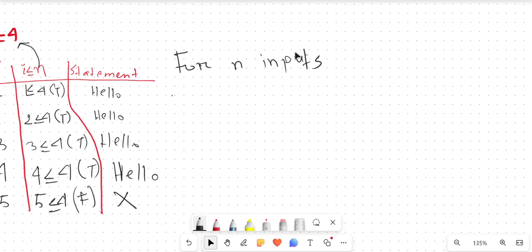My condition was checked 5 times. What was my value of n? The user input was 4, but my condition block ran 5 times, which means n plus 1 times. For n inputs, n plus 1 times. This is my condition.